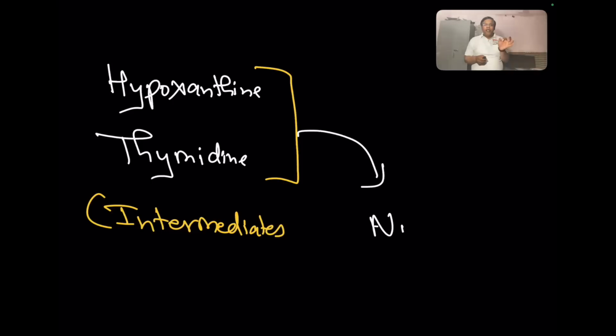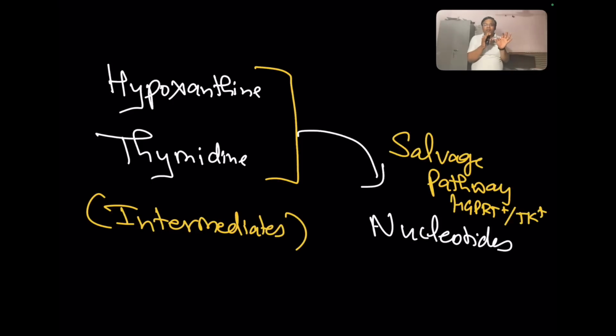They are actually the intermediates of nucleotide metabolism, and the intermediates of nucleotide metabolism can be used by the salvage pathway for synthesis of nucleotides. The condition is that the cell must have the enzymes HGPRT and thymidine kinase.